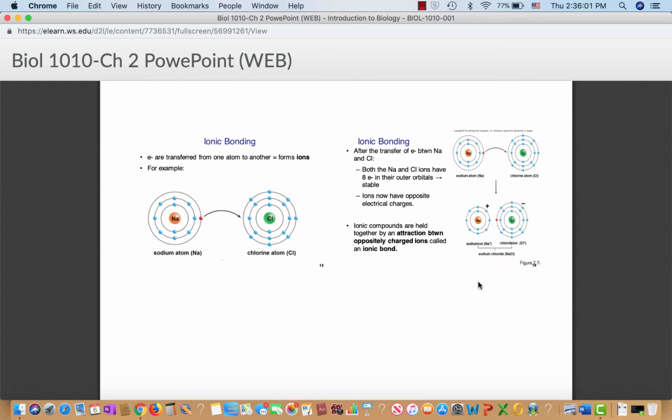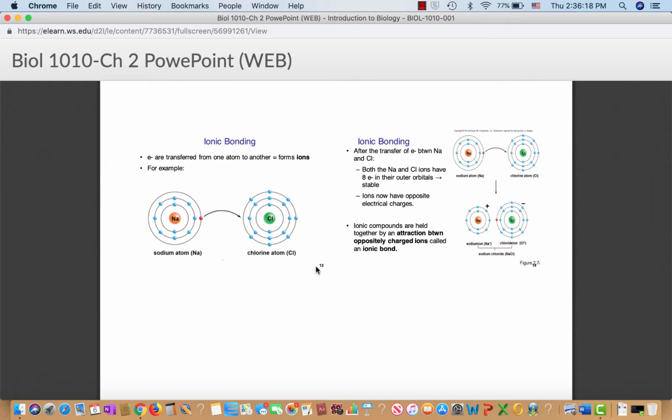If somebody ever says salt, you need to clarify which one, because there are hundreds of types of salt, and most of them are toxic. But sodium chloride, table salt, you need that to live.